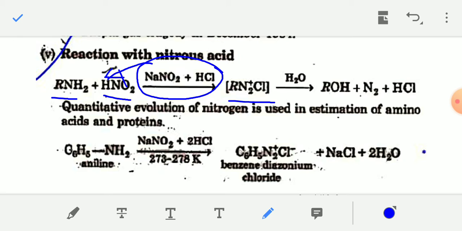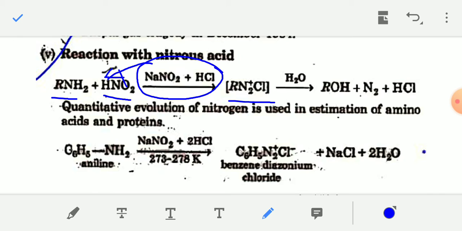In this chemical reaction, you have to react sodium nitrite, NaNO2, and HCl. It will produce HNO2, and then HNO2 reacts with RNH2 amine, and the amine will be converted into alkyl diazonium salt RN2 plus Cl minus.